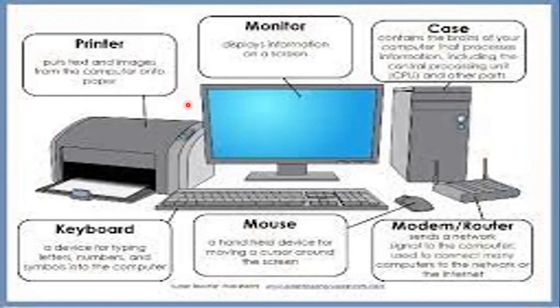Just like the CPU, central processing unit, is called the brain of the computer, and with the help of input devices, the input is taken and then the CPU processes it.